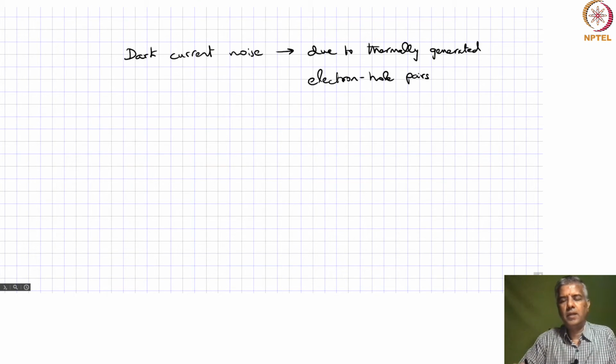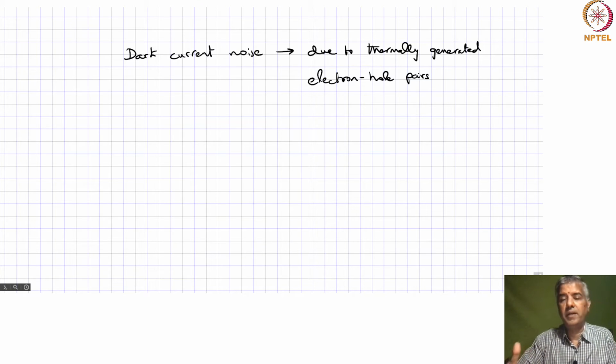Obviously, when your photodiode is cooled to a very low temperature, the corresponding thermal energy is low, and because of that the dark current noise is also low.